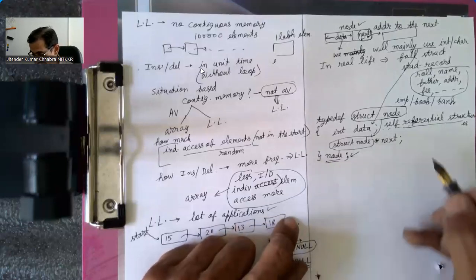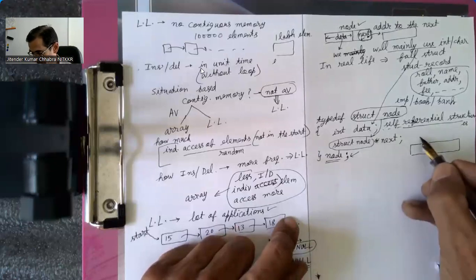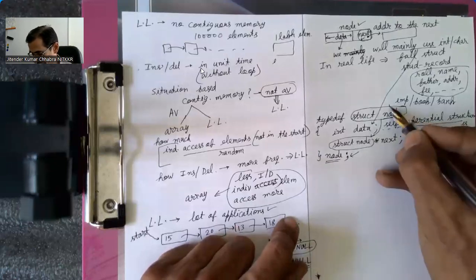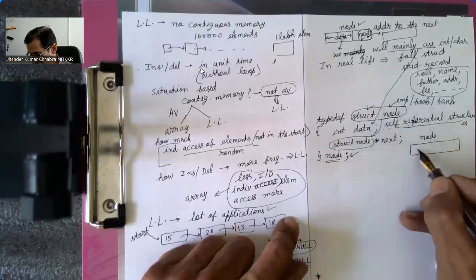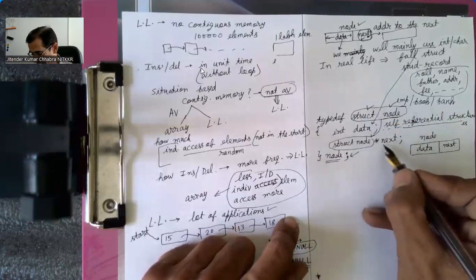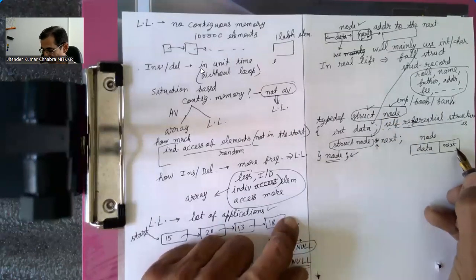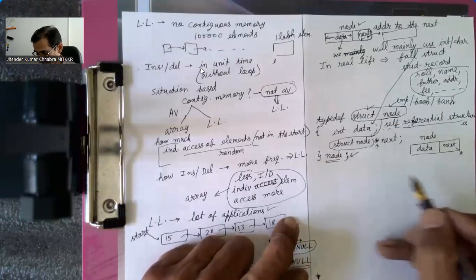By this, what I have declared is that node is one structure. It contains one field as data, which is currently integer, and another field as next, which currently is a pointer to a node type structure. So it is supposed to point there.